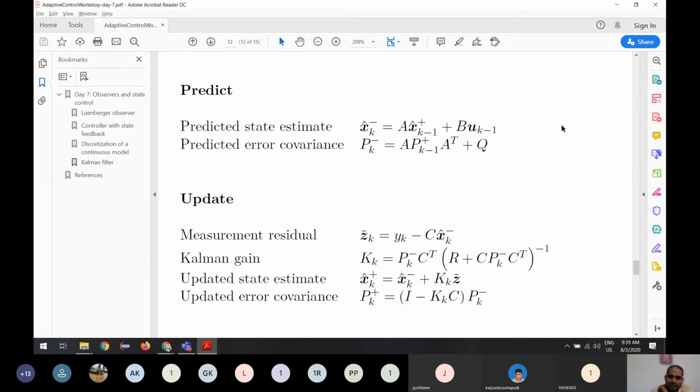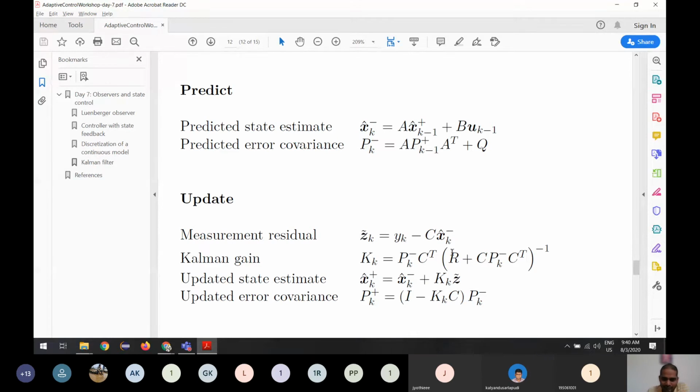We use this part to predict the values of X, the states, and then we update, or some books call it correction. This is prediction and this is called correction. So we predict some value and we update it with a more accurate result.